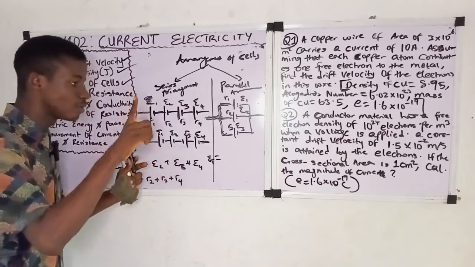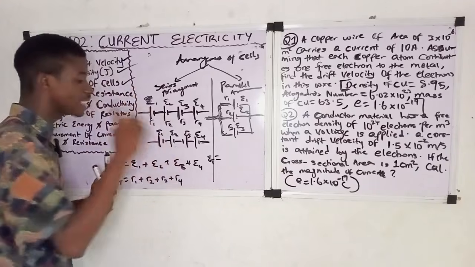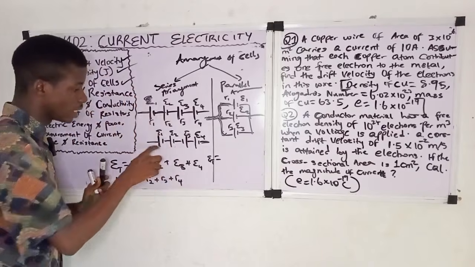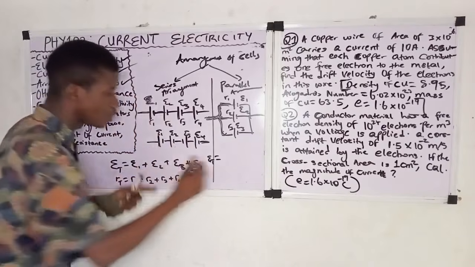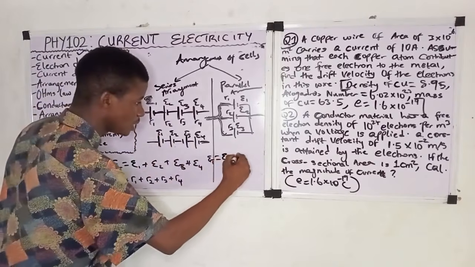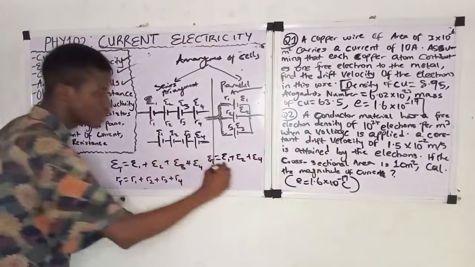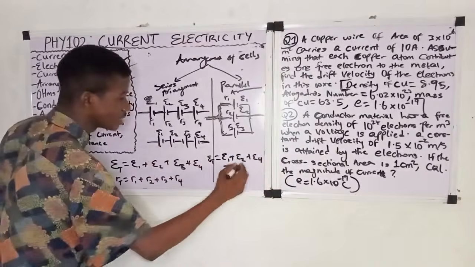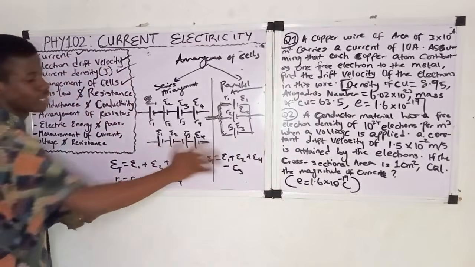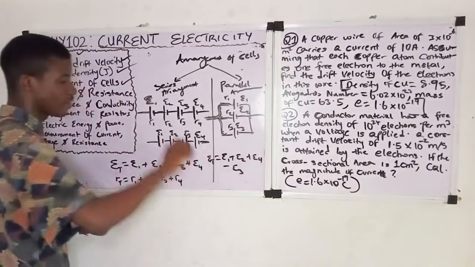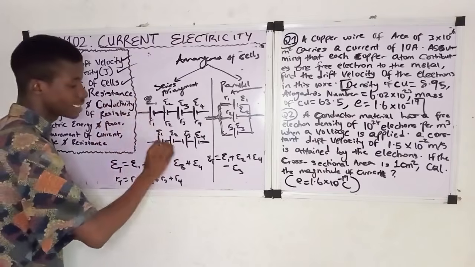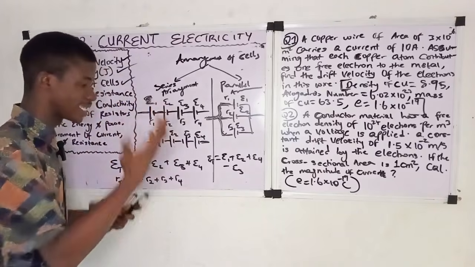Then you subtract. Let's see, how many of the cells are connected correctly? This one, and this, right? So we add them together. E1 plus E2, then plus what? E4, right? Now what about this other one? You now subtract what? E3, the one that is wrongly connected. Okay, so that's how you calculate the total EMF when the cells are not connected rightly.